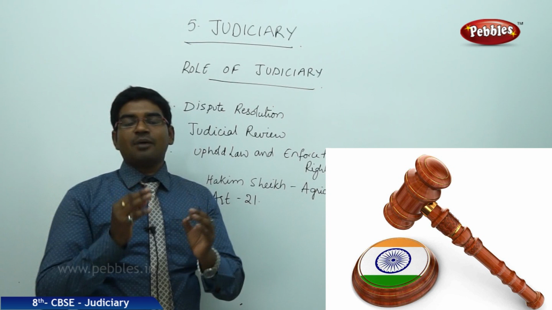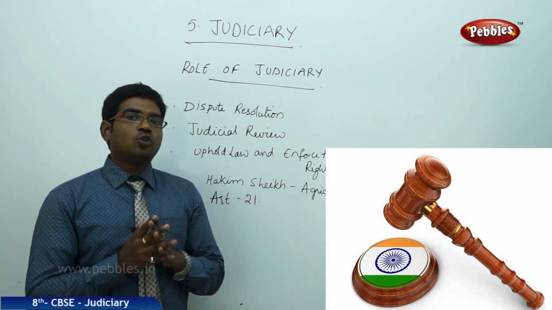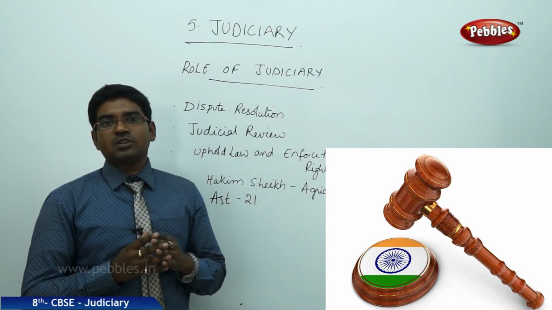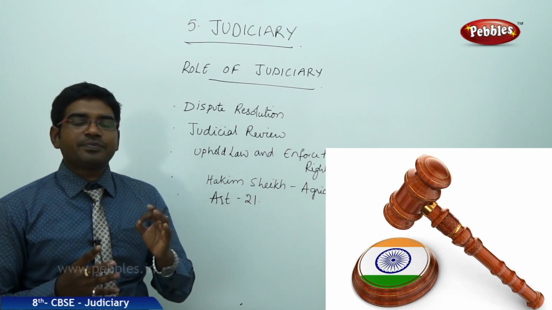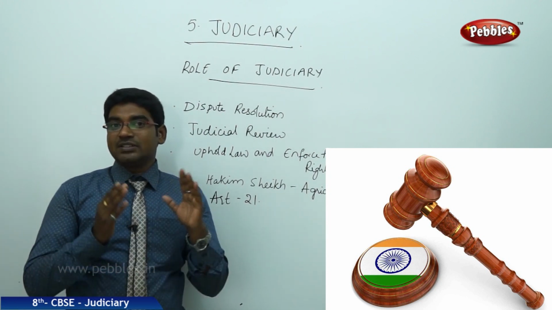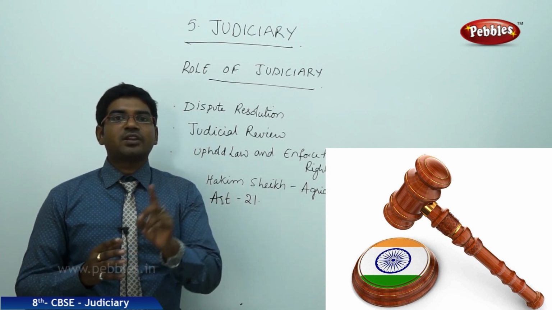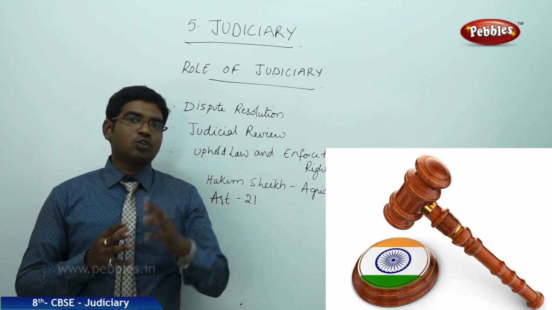So when the violation is happening, this can be reported to the Supreme Court or the State High Court, because the government has passed this law which is clearly violating the fundamental right of the citizens. So these kinds of laws can be struck off by the Supreme Court or the State High Courts.